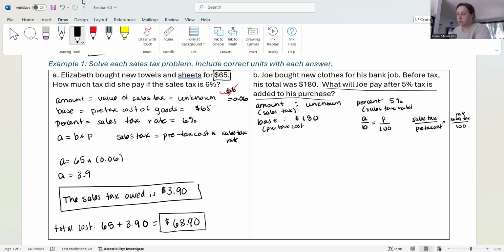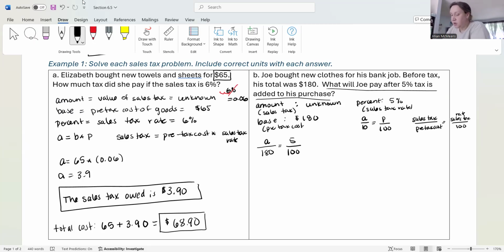Okay, so let's fill in our numbers and solve. We don't know what the amount is, so I'm going to stick with the variable A. You can use whatever variable you want. The base is 180. The sales tax rate is 5%. And remember, in the proportion, you do not have to convert it to a decimal because we put it over 100, so we're really converting it to fraction form.